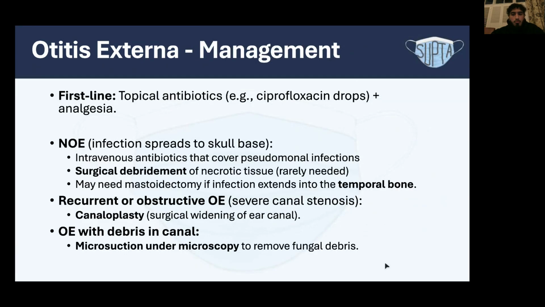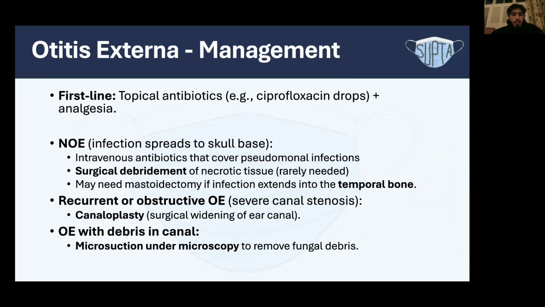In most cases, we can use topical antibiotics. We can also use steroids as well. What we'd use for that is ciprofloxacin, and we can also use dexamethasone topically. But we care about the surgical interventions. When do we need these?